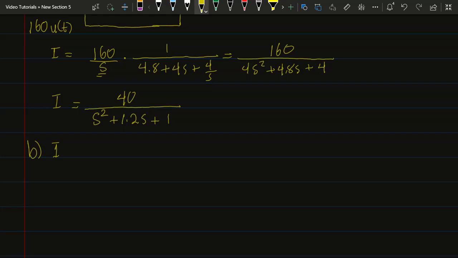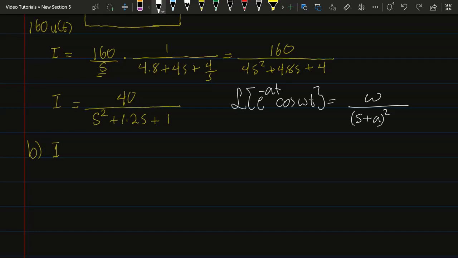And then I will use the formula that says that the Laplace transform of e to the minus at cosine omega t is simply omega over s plus a square plus omega square.